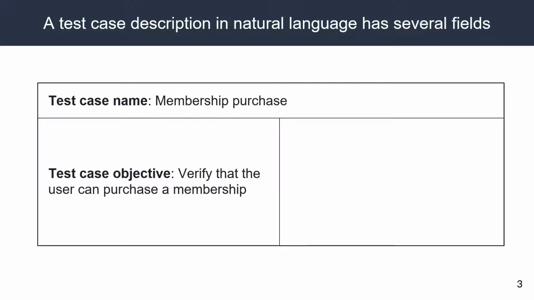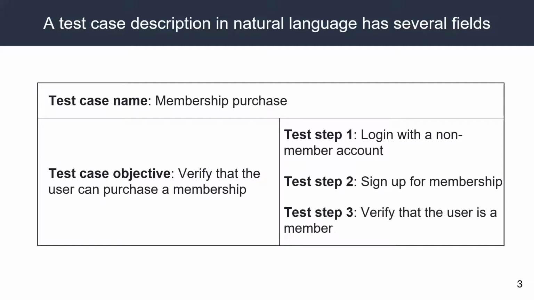And it might have one or more steps, which are instructions that the tester must perform to achieve the testing goal, such as in this case, log in with a non-member account, sign up for membership, and verify that the user is a member. So this is a typical example of a test case in natural language.